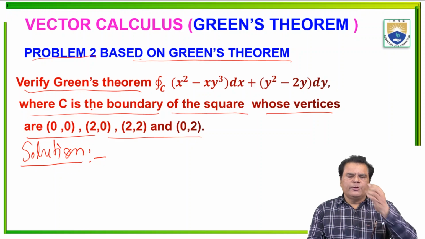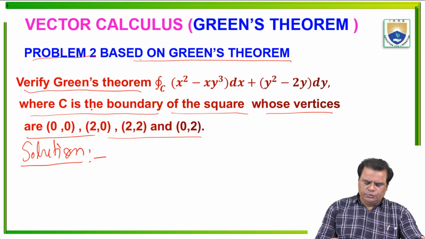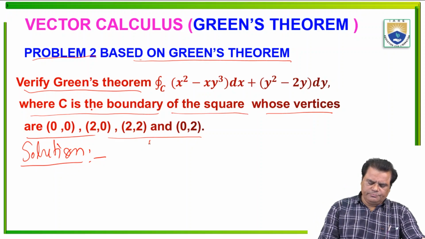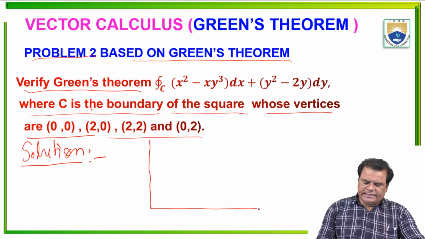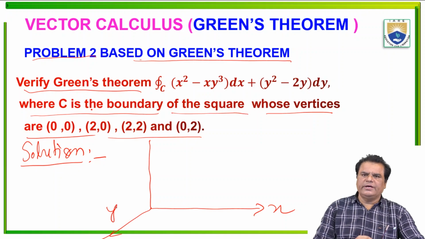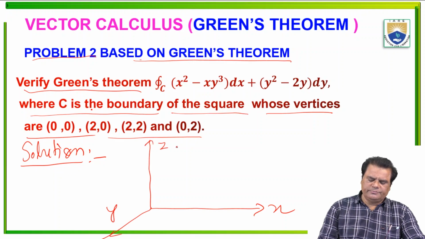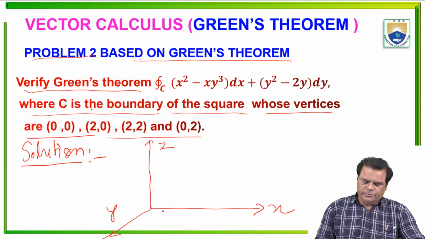First of all, making a diagram. So the diagram is this. This is the x-axis and this is the y-axis. This is the origin. The value of the origin is 0, 0.